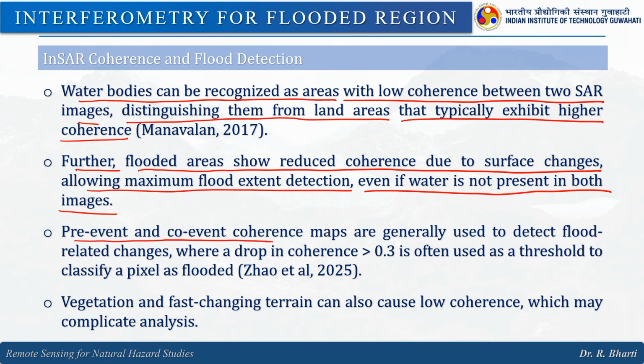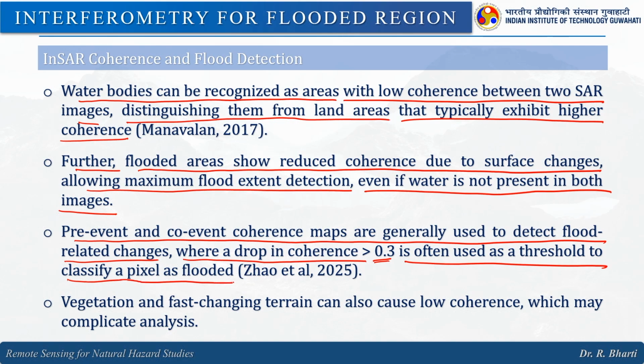Pre-event and co-event coherence maps are generally used to detect flood related changes, where a drop in coherence greater than 0.3 is often used as a threshold to classify a pixel as flooded or non-flooded, right. So, here we are using this coherence image and the threshold will be greater than 0.3.